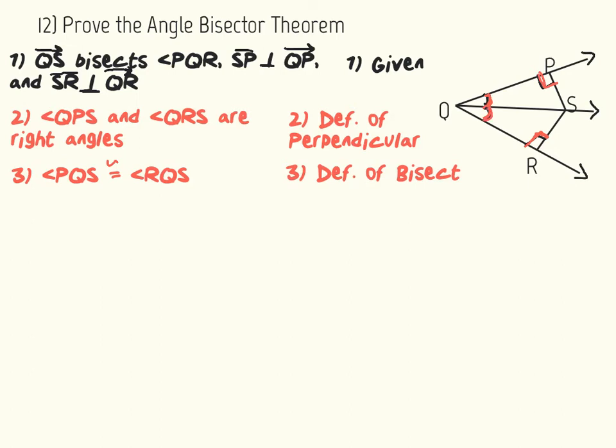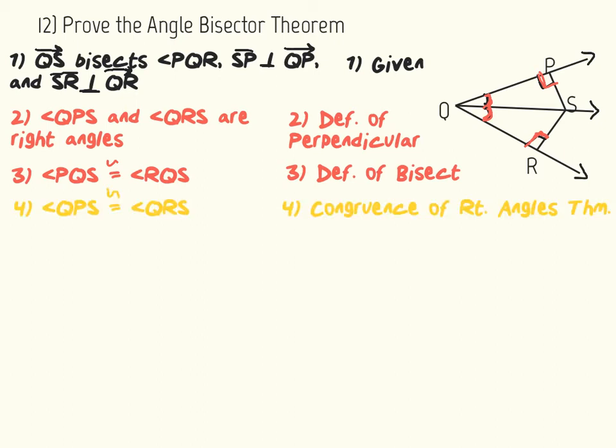So now I have a right angle and I have another angle, and it looks to me like I have two triangles. So I'm going to try to prove the triangles are congruent from that information. So the first thing I need to do is say that those two right angles are congruent.